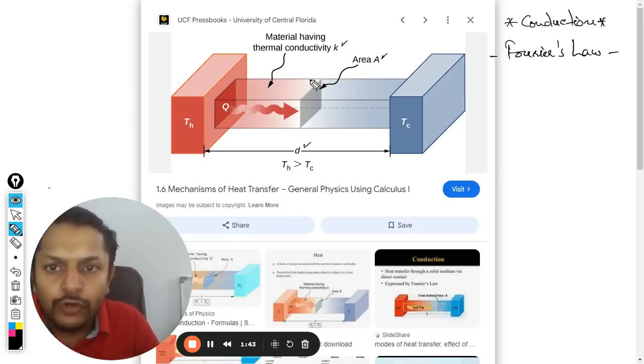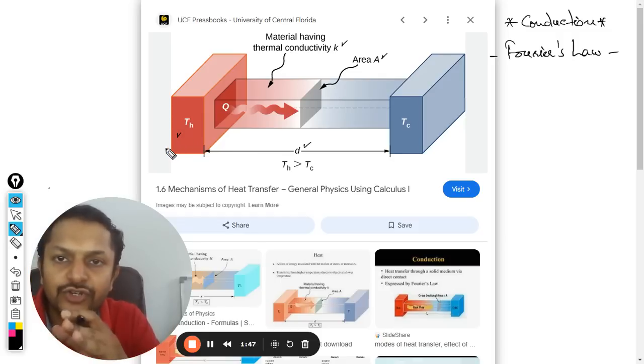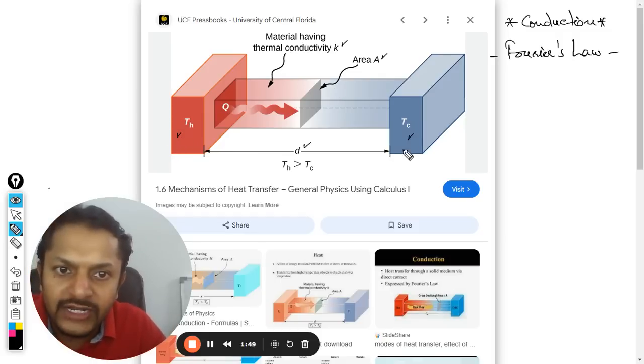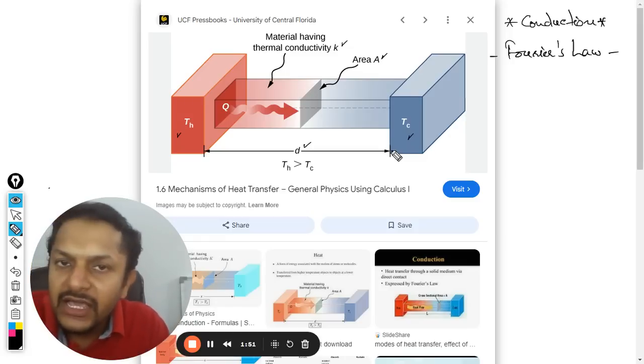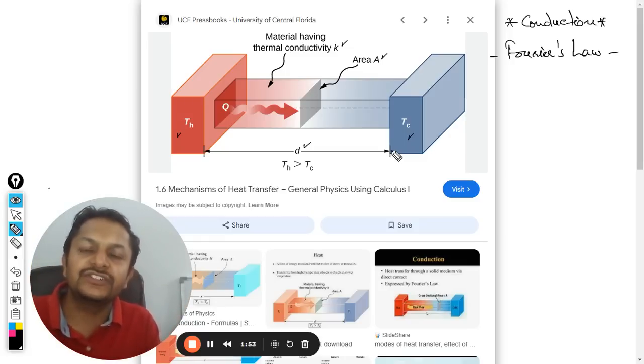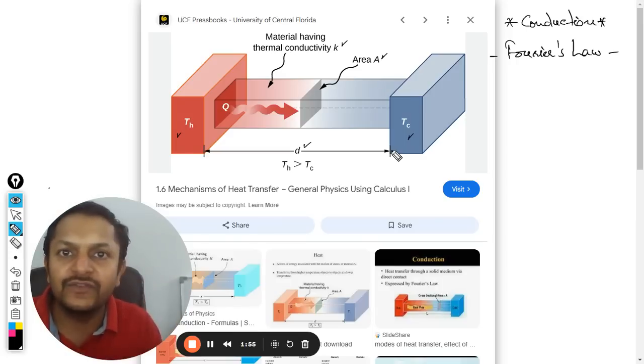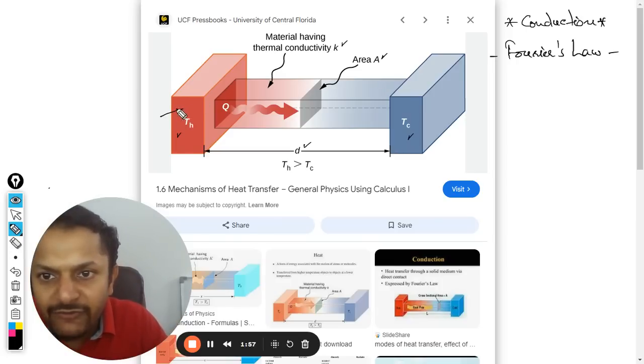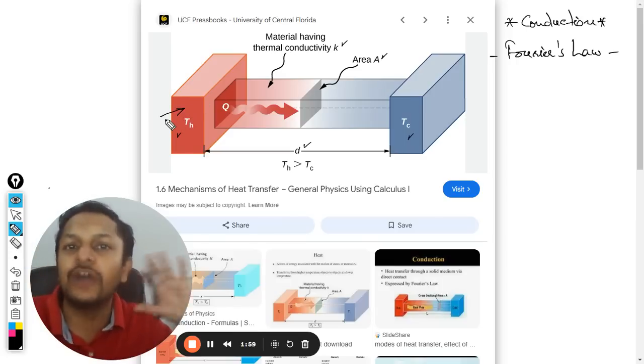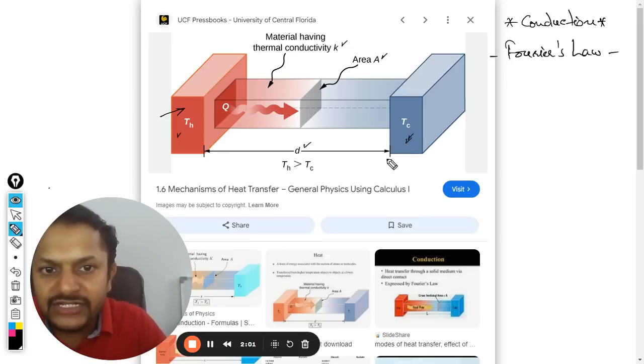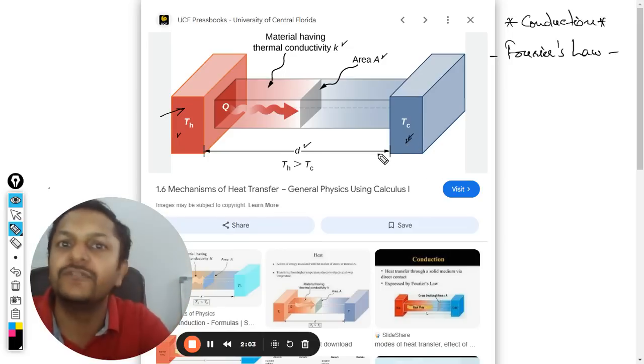Now, this is TH, the high temperature on this side, and this is the cold temperature, written as TC. The temperatures at both of these junctions are maintained and are not variable. This temperature never reduces whatever heat flows out of it, and this temperature never rises whatever heat is given to it.